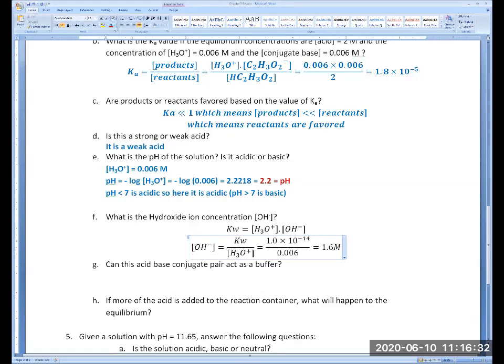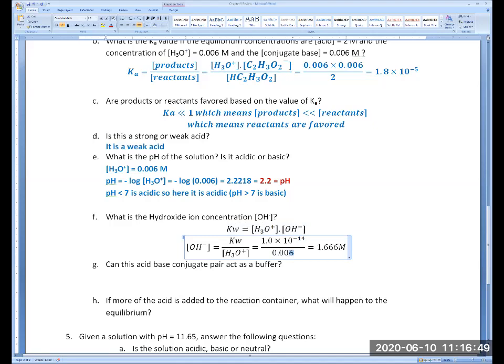1.6. Okay, we have to decide how many sig figs we keep here. Sig figs here are determined mostly by the hydronium ion concentration. It has only one sig fig.